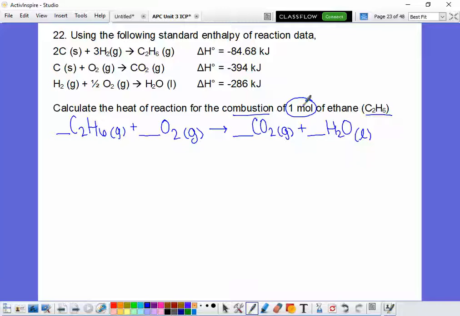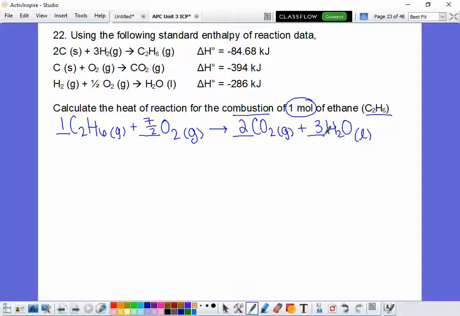You need to have a 1 in front of the C2H6 because we need this for 1 mole of ethane. So what are we going to do to all of our coefficients? Divide by 2. So what are you going to have in front of O2? 3.5, or in fractional form, 7 halves. What's going to be in front of CO2? 2. And in front of H2O? 3.